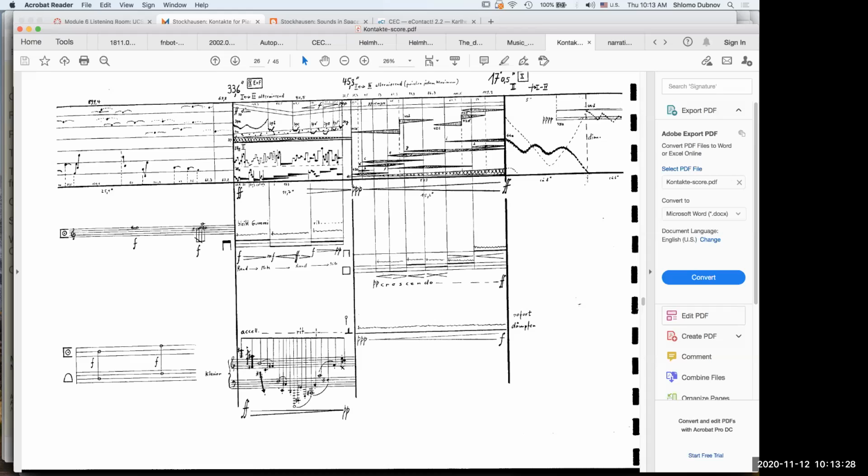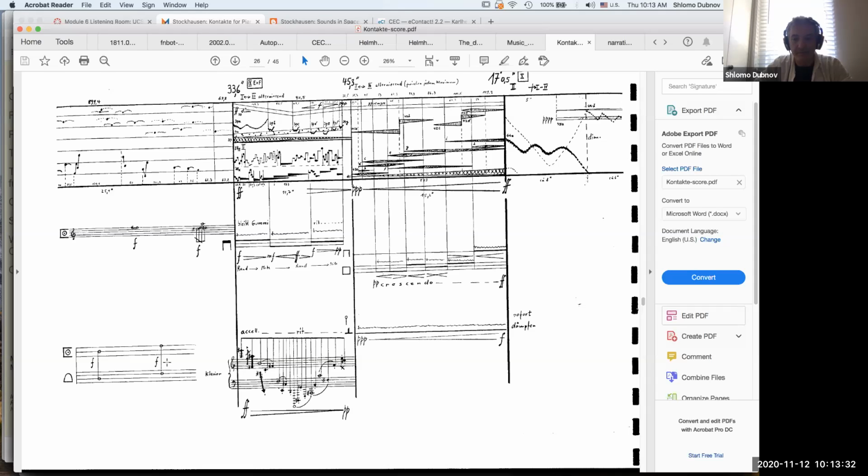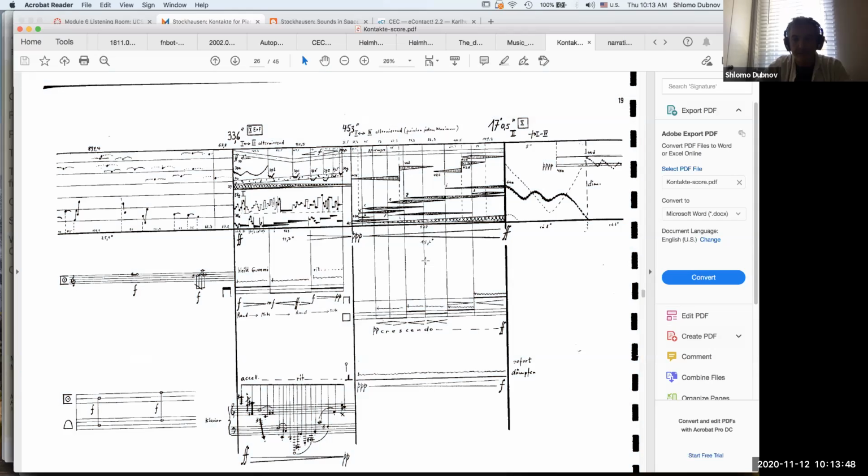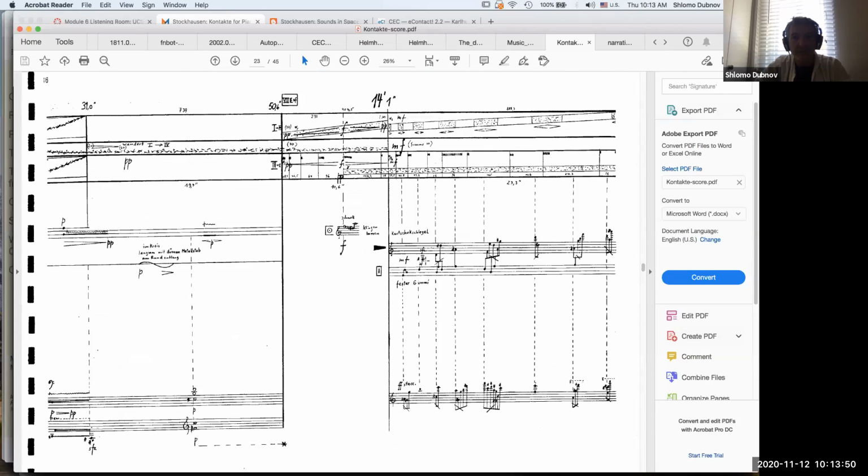So the pianist actually stands up and plays the other instrument as well? I think the way it's organized is that he is able to move between the piano and this one, and that's the second performer.